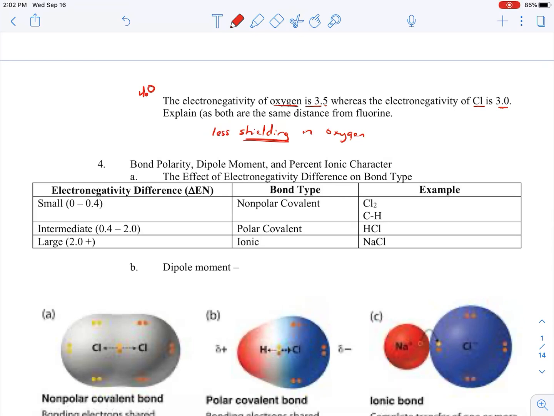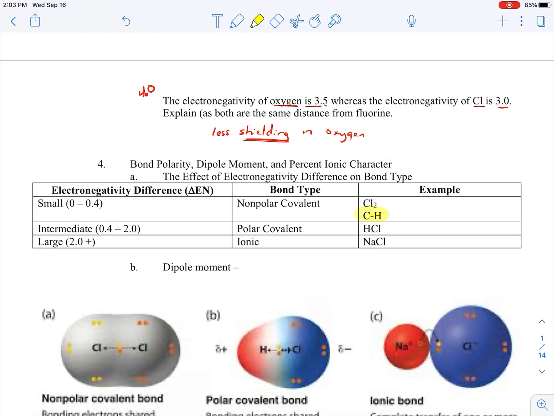And what that means in nonpolar is our electrons are shared equally, and we'll see it in that picture down below. But the one thing they want you to remember in AP chemistry is that C-H is considered a nonpolar covalent bond. And that actually makes sense when we talk a little bit more about organic, or maybe in your biology class you've talked about the organic portion.